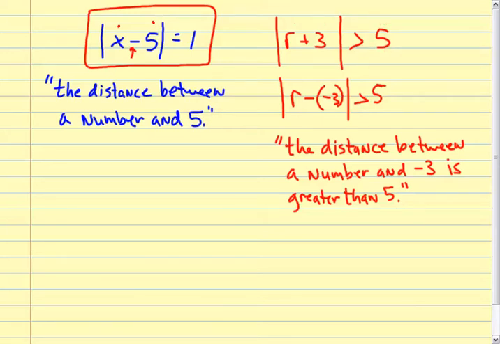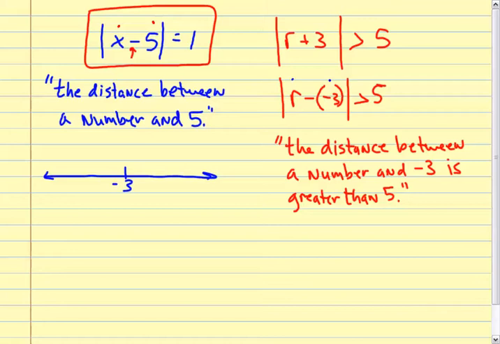It says r plus 3, but we can rewrite that as r minus -3. So this is saying the distance between a number and -3 has to be greater than 5.